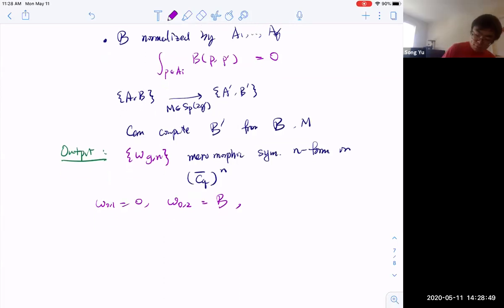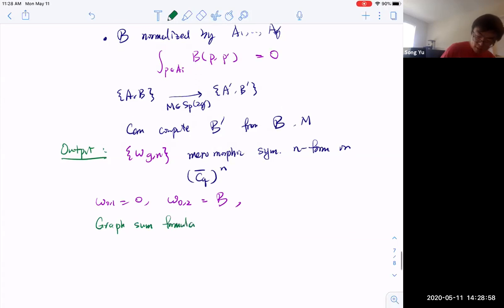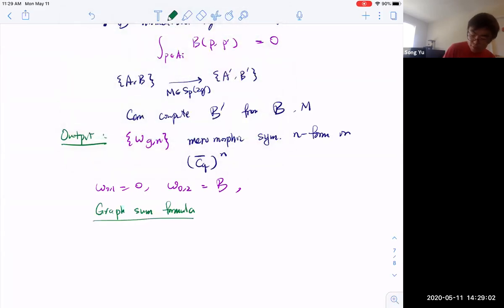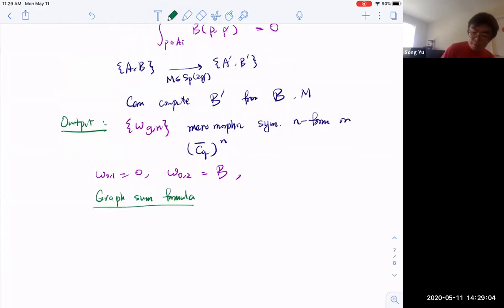And in fact, there's a graph sum formula. I'm not writing down the general definition because of time, but you can see the dependence of later omega G,n on the Bergman kernel very explicitly from this graph sum formula. You take a set of decorated graphs corresponding to G,n, and for each graph you assign a weight.